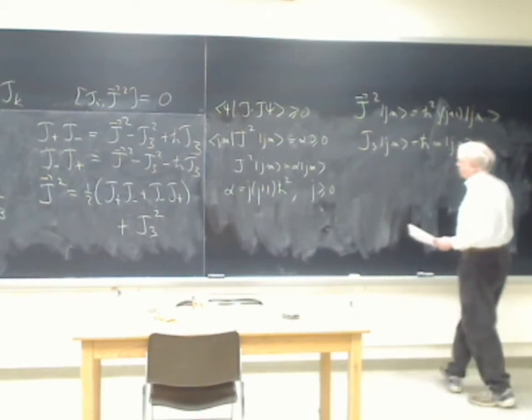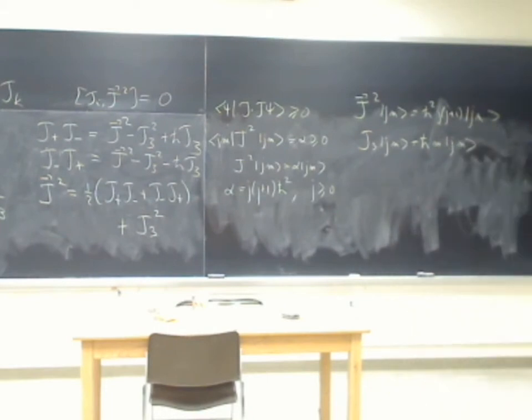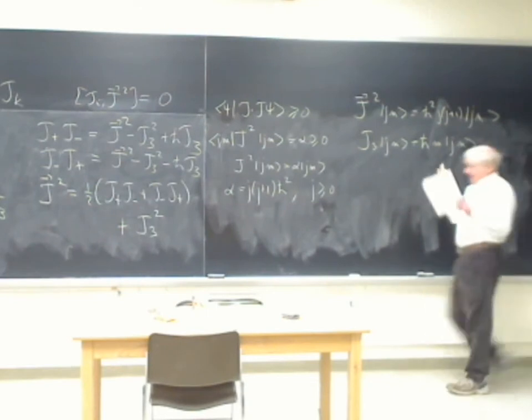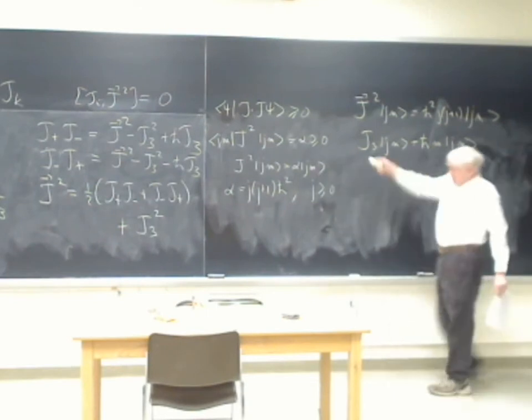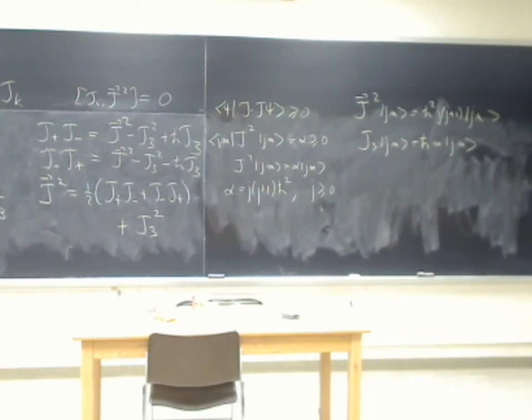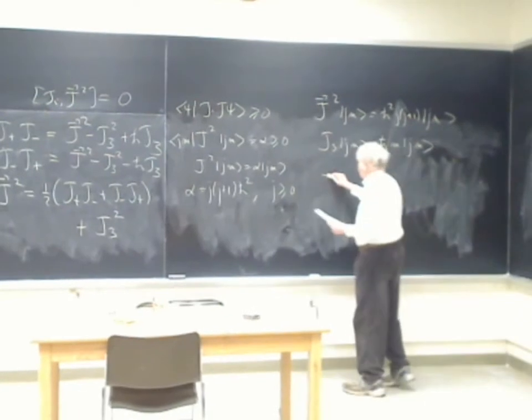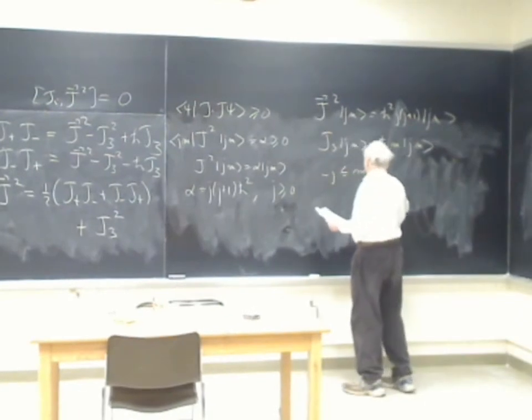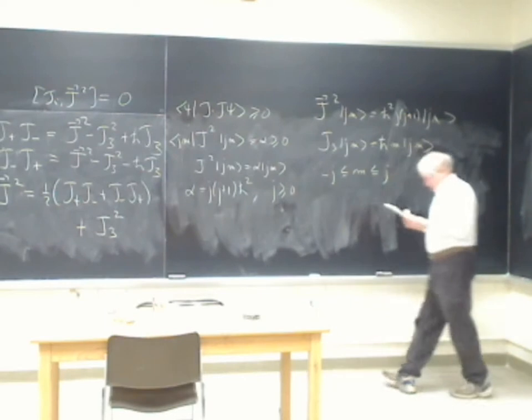So these are the two equations that we set out to analyze with the aid of these equations, which we derived from the fundamental angular momentum commutation relations. And we found various things about these. In particular, we found that m had to lie between minus j and plus j.